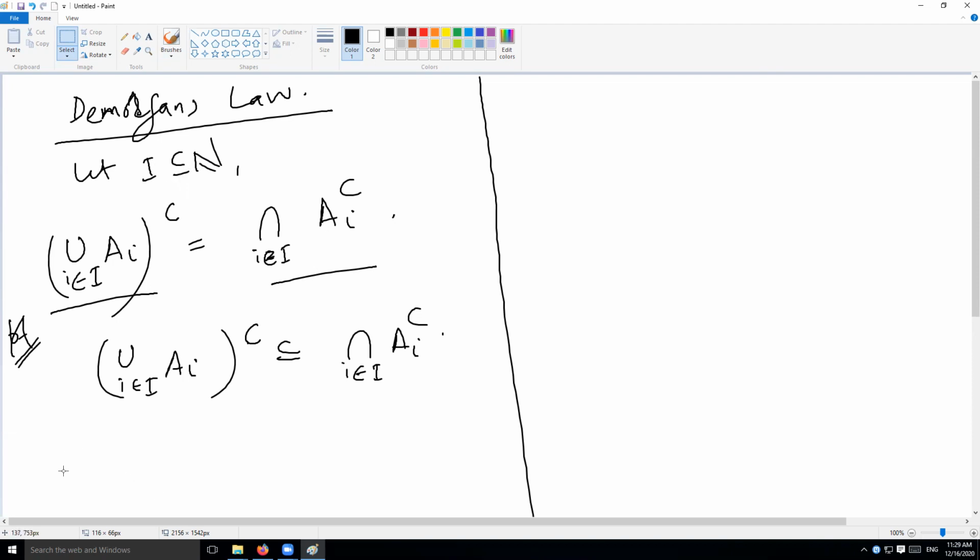So how to show it? Let's use some other color. I need to pick an element from the complement of this union over i in I of A_i. So help me out. What does this mean? If x is in the complement of the union, what does it mean?